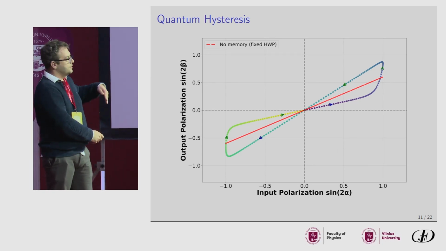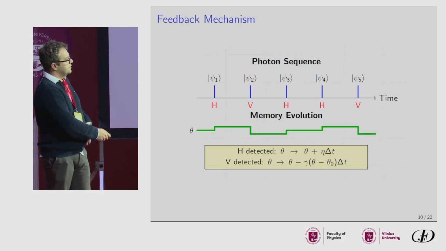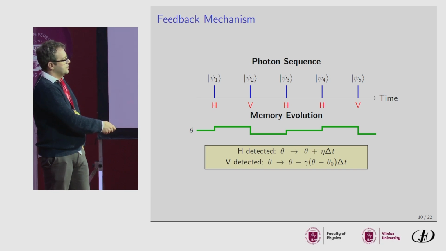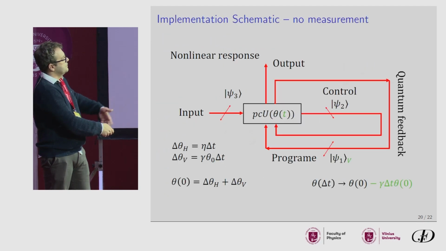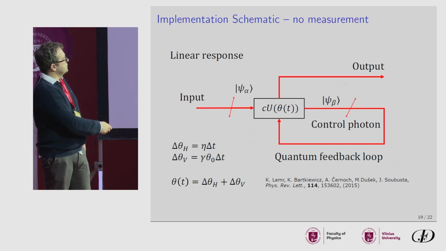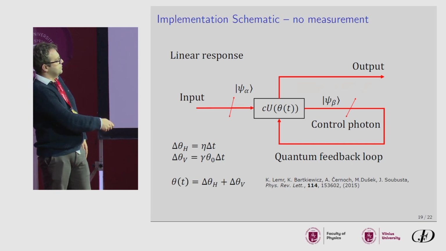If there is no relaxation driven by the current state, it means that it doesn't remember what the state was in the update rule. It just has the current state, and this controlled unitary updates it by some constant value. This is why you don't have this gamma times theta term, minus gamma theta times delta t, because you don't know what to put here. It can be an arbitrary number basically.